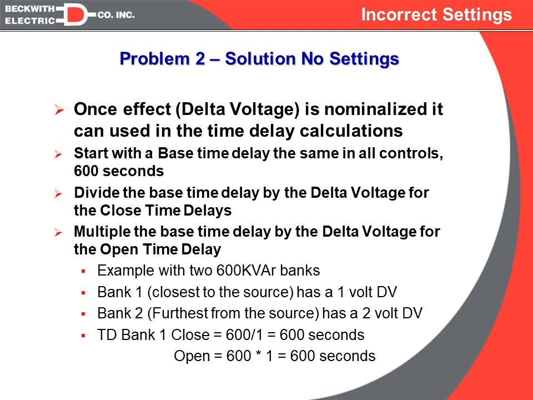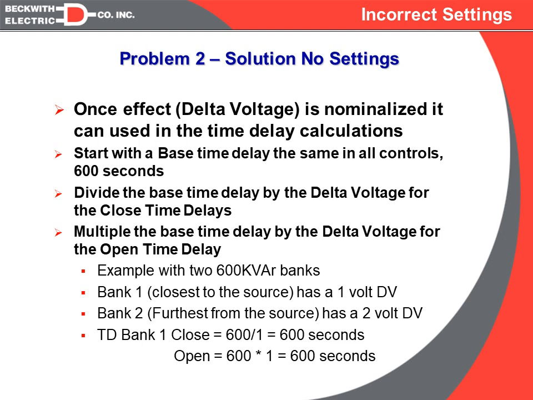And if we did that, that would ensure the bigger the delta voltage, the shorter the close time delay, and therefore the capacitor with the biggest delta voltage would have the shortest time delay. Likewise, if we multiply a base time delay by the delta voltage, then the open time delay would calculate to be the shortest for the one with the smallest delta voltage, which again is what we want.